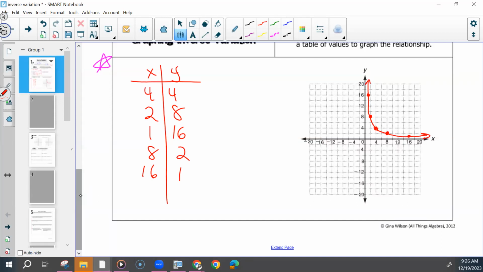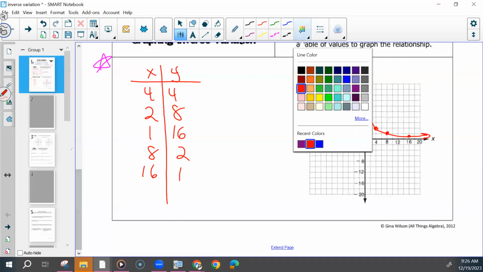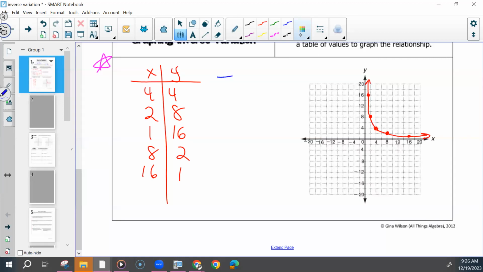This is only half of it, because we only did the positives. How else could we multiply to get a positive 16? Two negatives. So we're gonna take all of these and make them negative. Go to order.